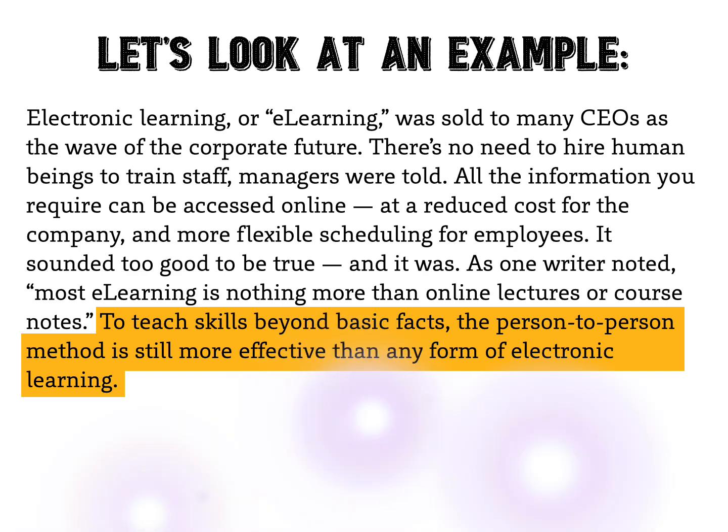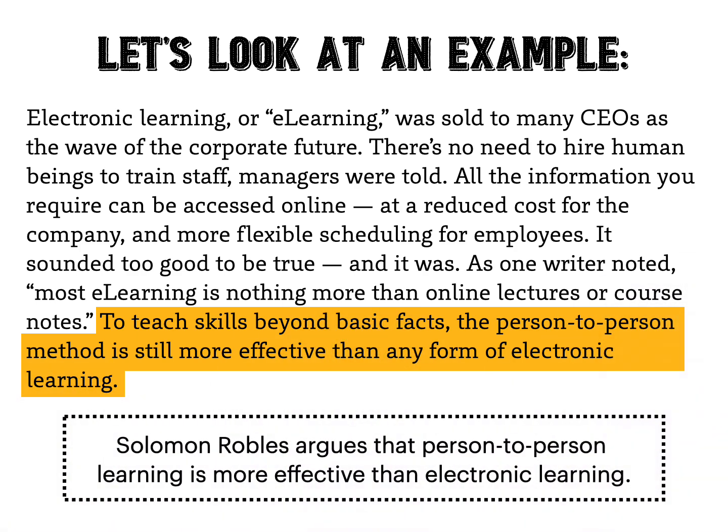And you can say, Solomon Robles, which is the name of this person who wrote this passage, argues that person-to-person learning is more effective than electronic learning. You see, I basically just copied down his words. I just reworded it ever so slightly so it made sense in my sentence. Easy peasy. Let's do one more example.